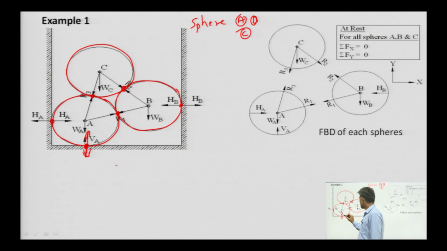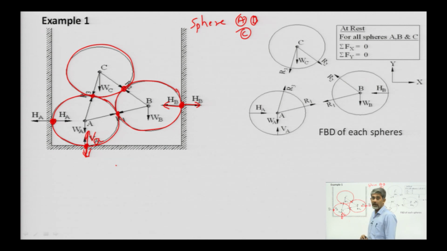If this point is A, then it is say VA. In the frame it is downward, in the sphere it is perpendicular upward, according to Newton's third law. At this point also HA, it is horizontal, and VA is vertical. Here in sphere C it is a horizontal thrust.